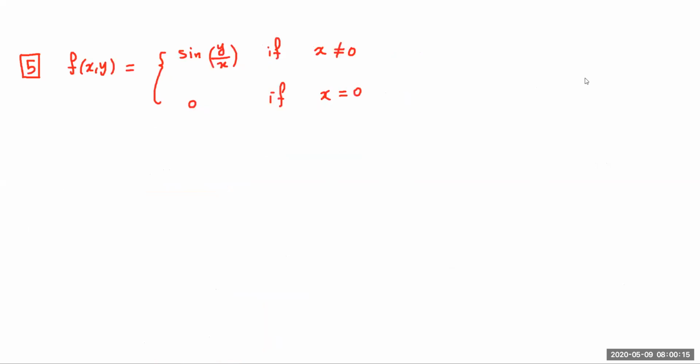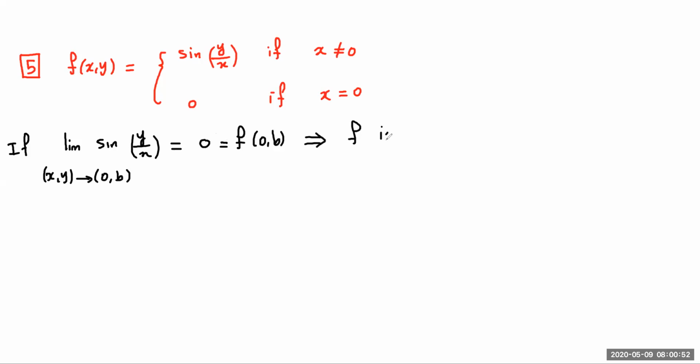Okay, let's continue. Now here, to study the continuity of this function, the idea is that if the limit of sine y over x equals 0 when x, y approaches a point where x is close to 0 and y is any number, and this limit is always 0, which is f(0, b), then f is continuous at the point 0, b, then f is continuous on its domain R squared.